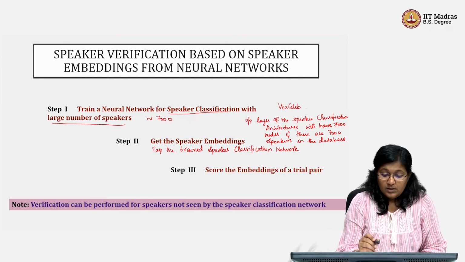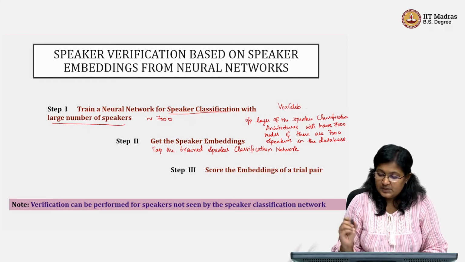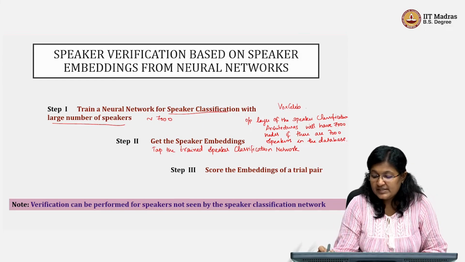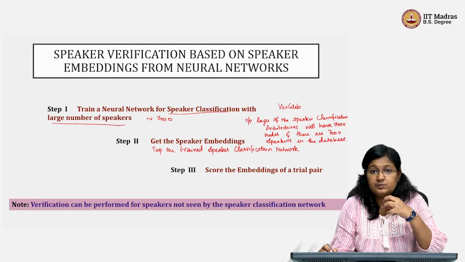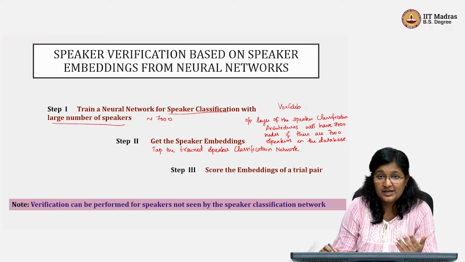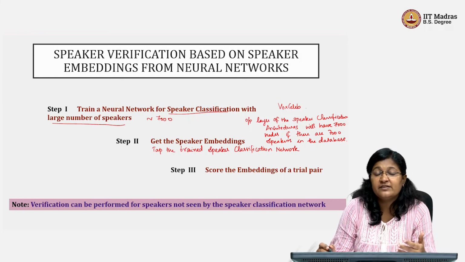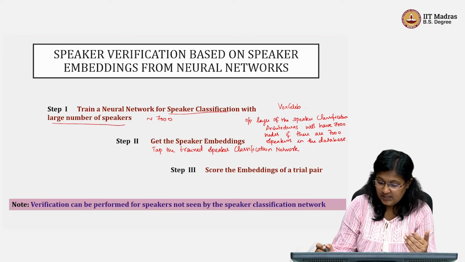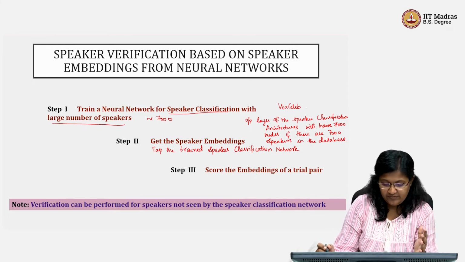Now, let's say I want to perform speaker verification for a speaker who is not present in these 7,000. Let's say Alice's speech is not at all present in the training data of the speaker classification network. The beauty is that I can still perform speaker verification for Alice. That's the beauty of this neural network based speaker verification.